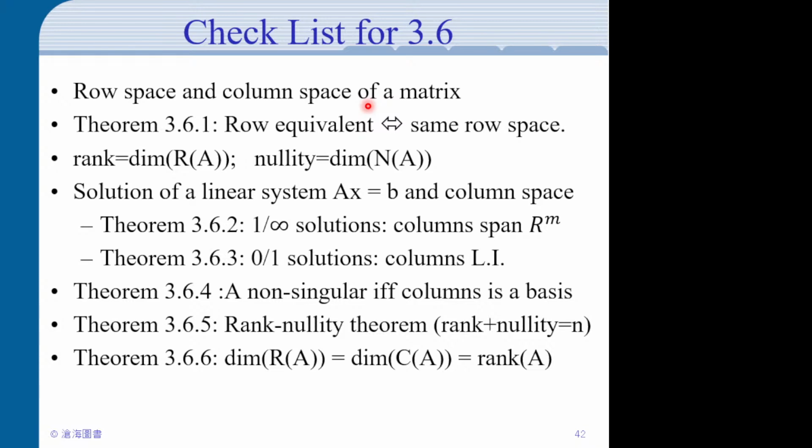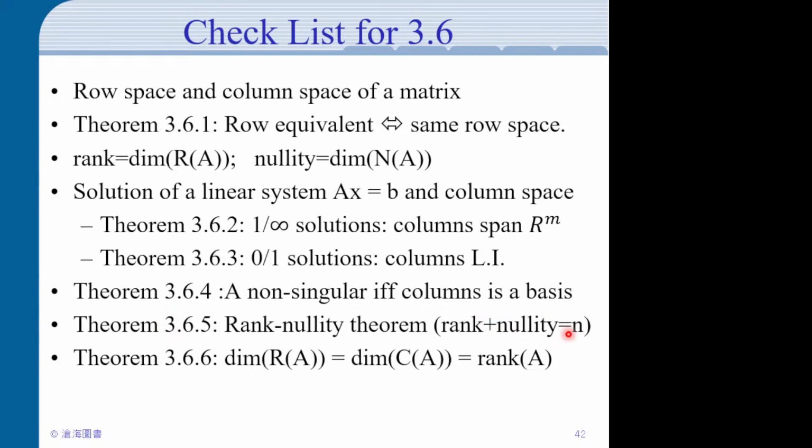Obviously, row equivalent matrices have the same row space, and in particular, the reduced row echelon form has the same row space as the original matrix. We define rank as the dimension of the row space, which we also proved is equal to the dimension of the column space. And nullity is the dimension of the null space. They have a strong connection, and we proved that rank plus nullity equals n.